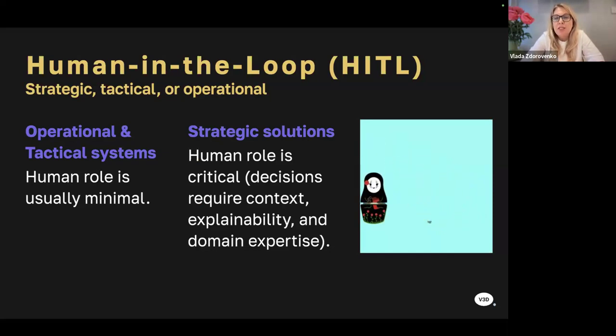And in this regard, that means that the context is quite high. Decisions require additional context. And in these systems, we need humans to validate decisions or adjust parameters, have domain expertise, and understand what's going on.